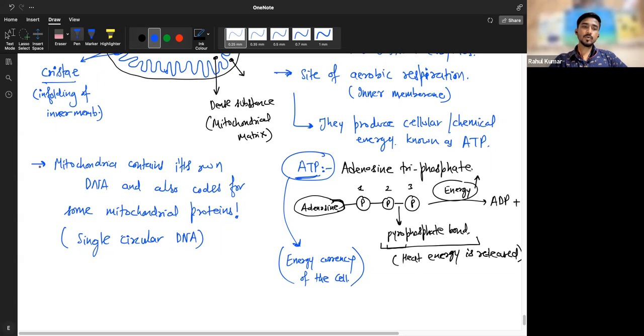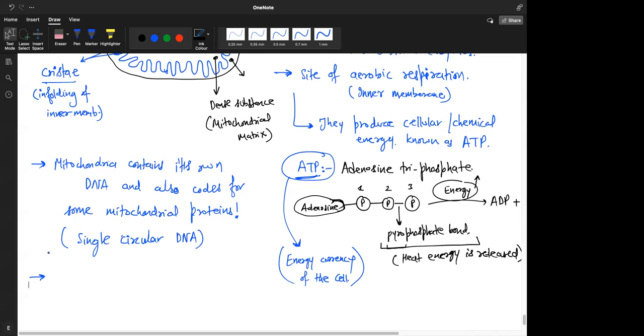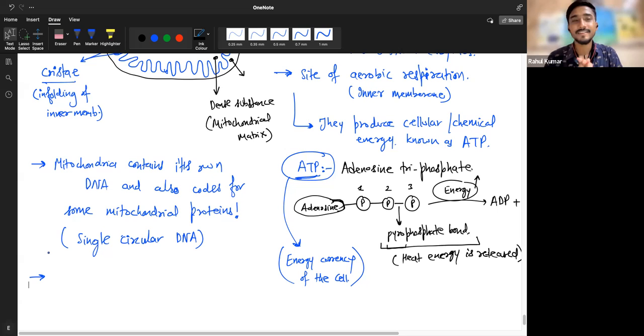And if it has its own DNA and if it codes for its own proteins, do you think that mitochondria should also have its own ribosomes? Yes or no? Yes. So do you mean to say that inside an organelle there is another organelle?